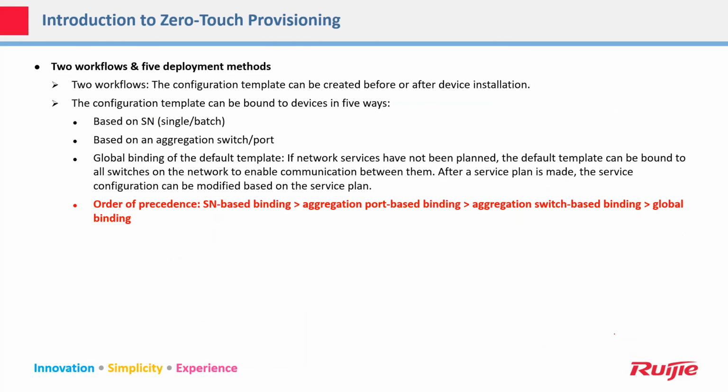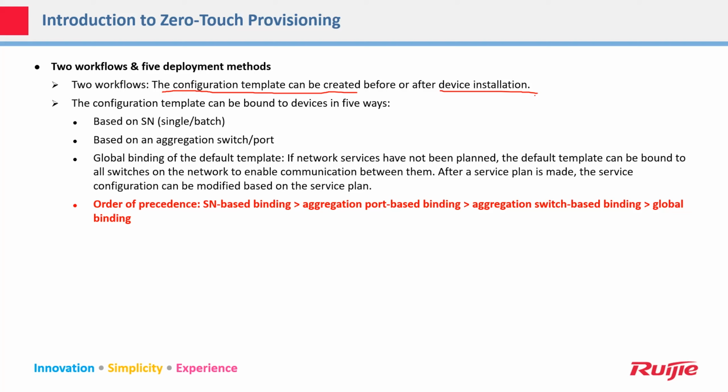And next is about the 2 workflows and 5 deployment methods. The 2 workflows mean that the configuration template can be created first, or the device installation can be done first, because they are independent.